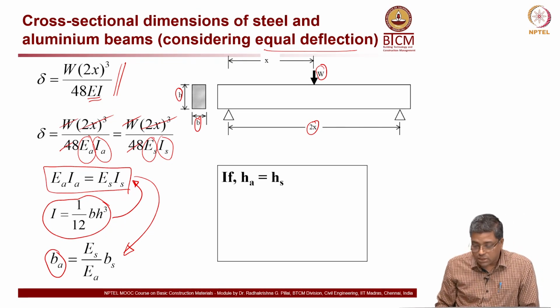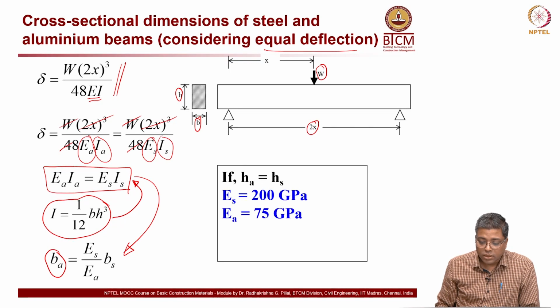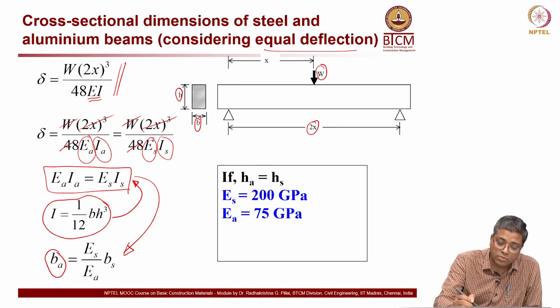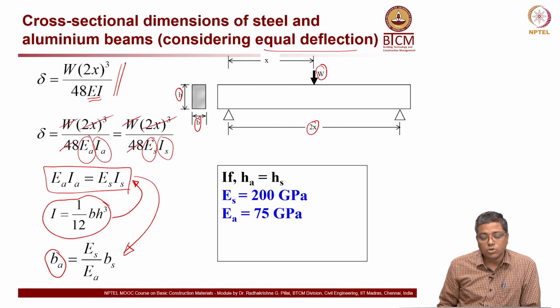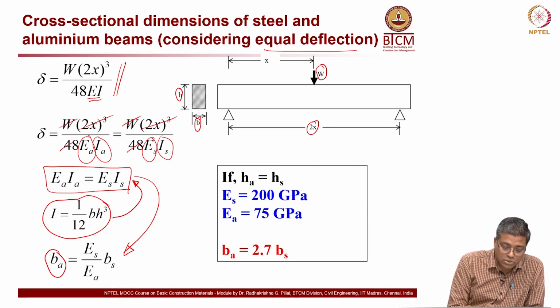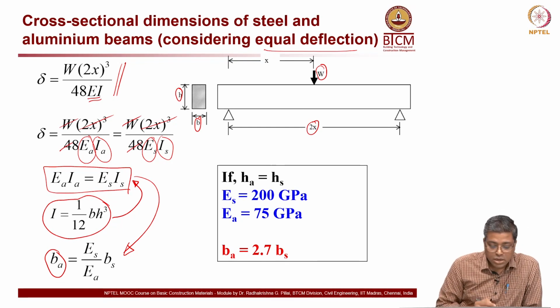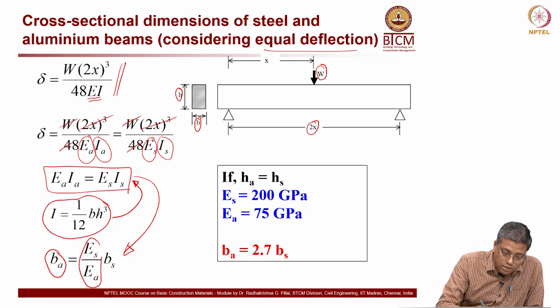Now, let us look at these numbers. If HA is equal to HS, in other words the same height is considered for both steel and aluminum, then assuming the modulus of steel to be 200 and the modulus of aluminum to be 75, what we eventually get is BA is equal to 2.7 times BS. That means this term here is equal to 2.7.